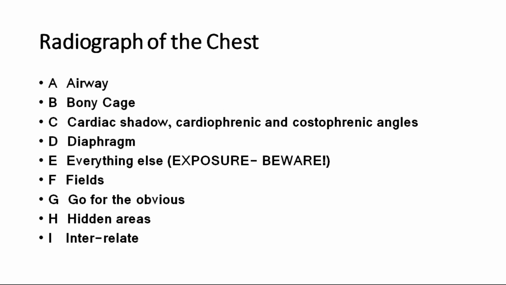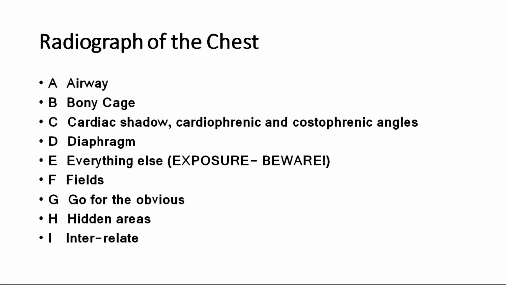So the A, B, C, D, E, F, G, H, I of chest X-ray reading, these are the common things. A for airway, B for bony cage, C for cardiac shadow or cardiophrenic angle or costophrenic angle, whatever it is, C you can use it. D for diaphragm, E for everything else. That means exposure, especially all those things. F for the fields, lung fields, upper, left and right and all those things.